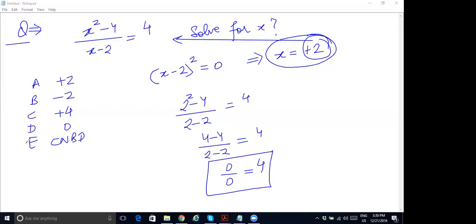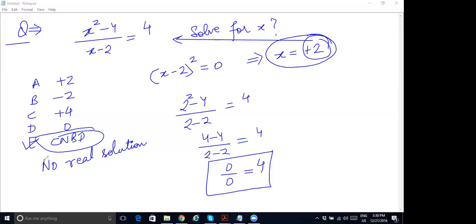So that is why it cannot be determined. Okay. They can also say no real solution.